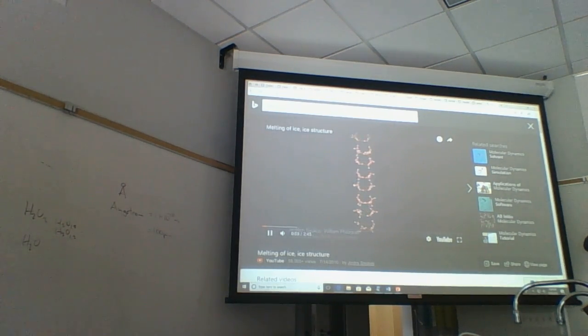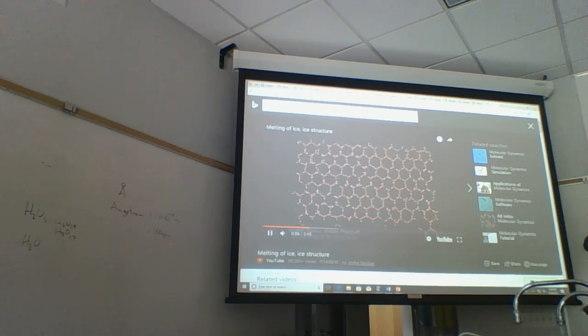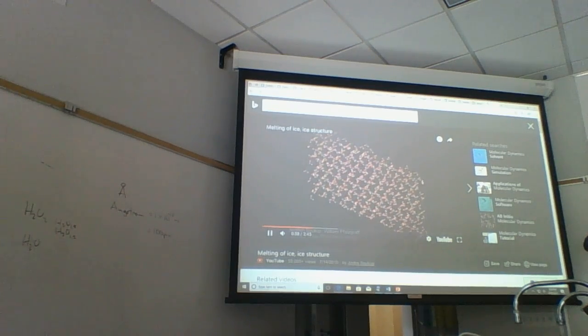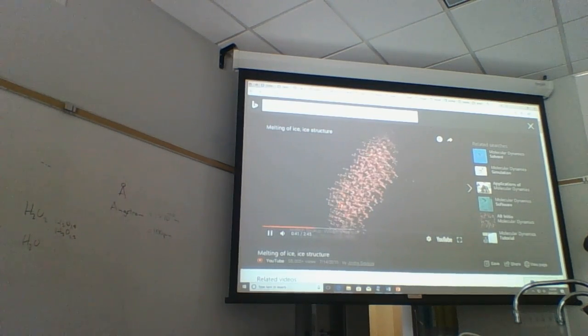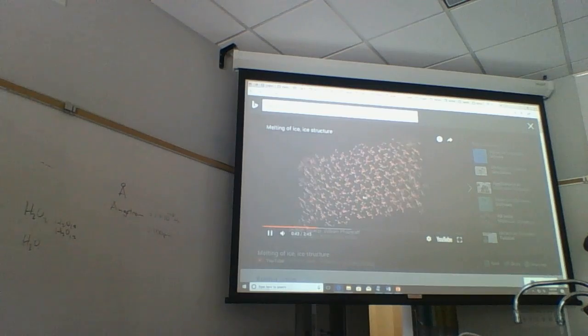It's just because of the way the water molecules are arranged. It forms a very open, expanded structure like this. This is a very small, thin crystal of ice. We build a bigger crystal of ice. This would be a bigger crystal of ice here. We've got a very open structure.